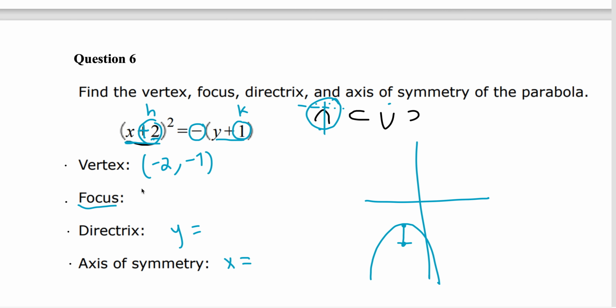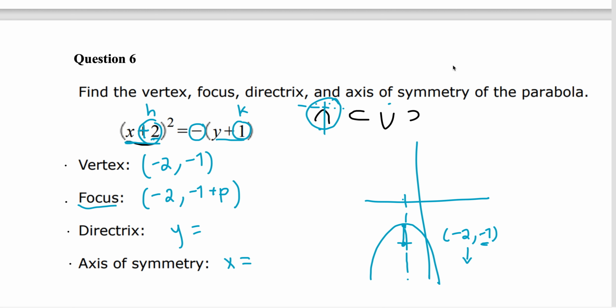We won't move the x, because remember, we're only moving up and down in this type of parabola. There are two ways: we can get it by having -1 plus p, or we can just visualize it. The point is at -2, -1, and we want to go down a p value.